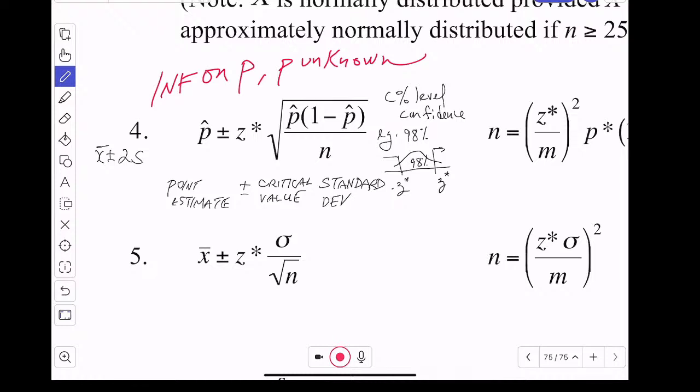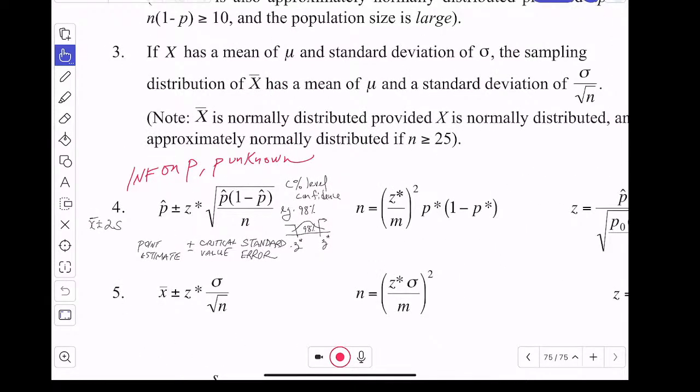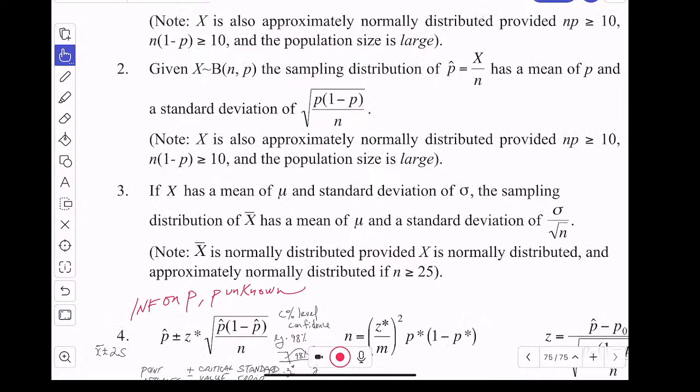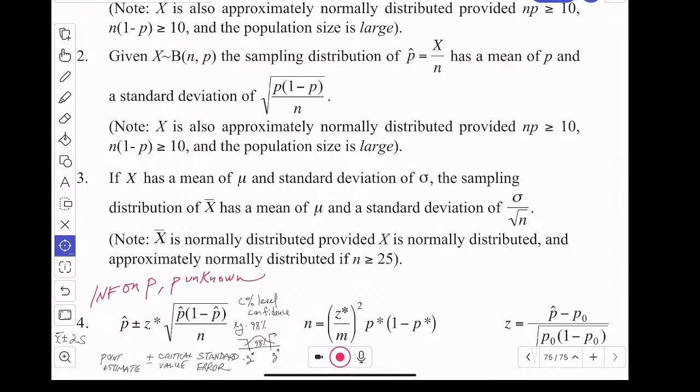Now, sometimes we're not going to have the actual standard deviation. In this case, we don't have P, so we can't really put the standard deviation together. We can't calculate it. So in those instances, the more general term for the standard deviation is the standard error. Now this comes from the theory up here. We're going to use the theory we derived that P hat has a mean in repeated samples of P and a standard deviation of the square root of P(1 minus P) over n.